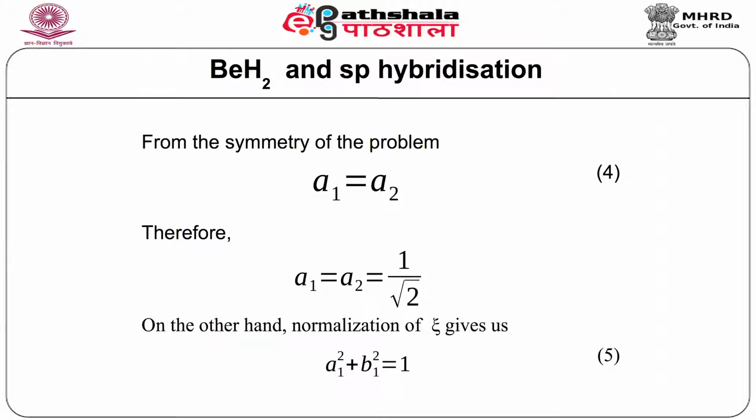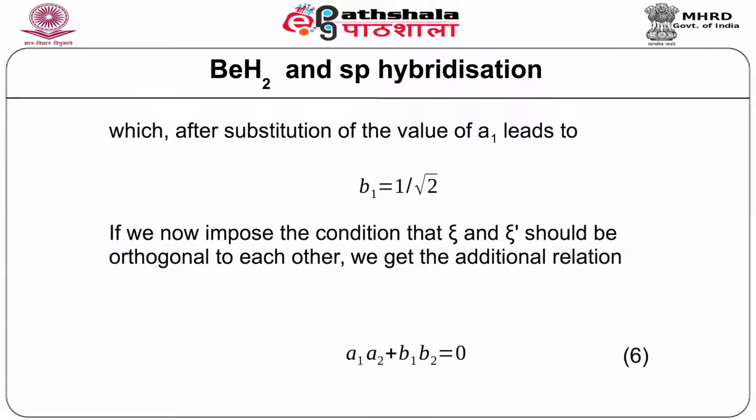On the other hand, if we normalize xi, that will give us the condition A1 square plus B1 square equals 1. If we now take into account all these conditions, then the substitution of the value of A1 leads to B1 equals 1 by root 2.